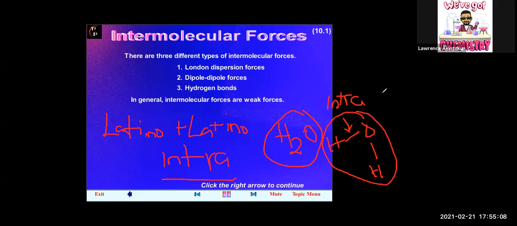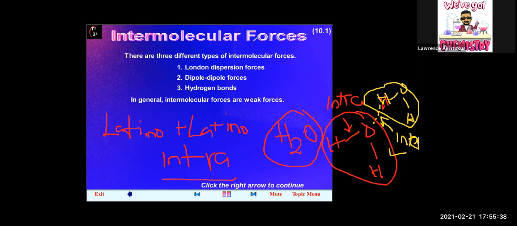Now, when you have another water molecule right here, something like this, and there is a link between these two water molecules, between this and this, this link is intermolecular forces. All right, that is just the basic difference.